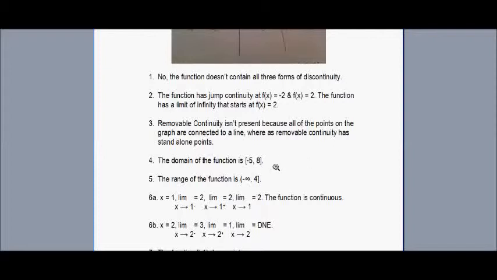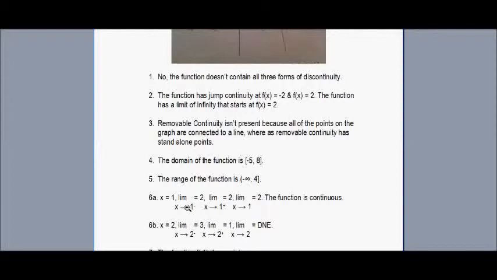Alright, so moving on. Now, for number 6, you're going to use the continuity checklist to determine if a function is continuous at x equals 1 and x equals 2. So I split this into 6a and 6b. Now, for x equals 1, the checklist, I started off finding the limit from the left side of 1.